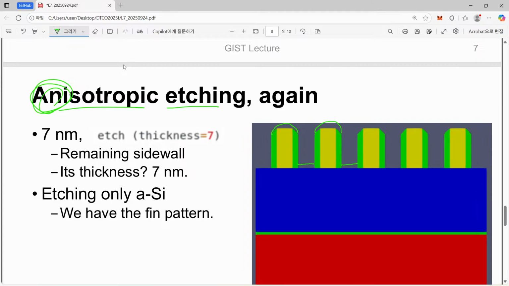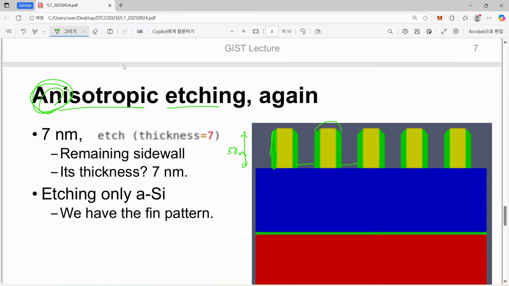And of course, our top part, this part, is also gone. So compared with the original shape, this part is also a little bit etched away. However, since its thickness is about 50 nanometer, 7 nanometer etching for this short distance doesn't affect its stability. We still have a well defined layer.